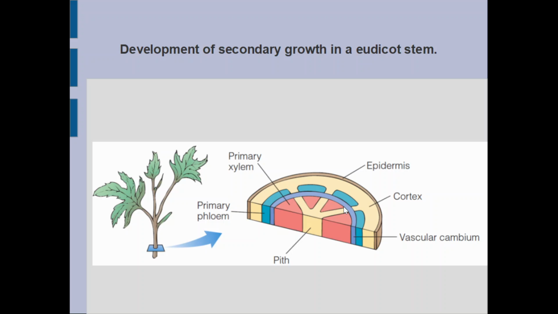The secondary growth is usually because of the lateral meristems, that is a vascular cambium here, and the cork cambium. So this is actually a secondary growth in a cortical stem, but the same is in the woody plants.